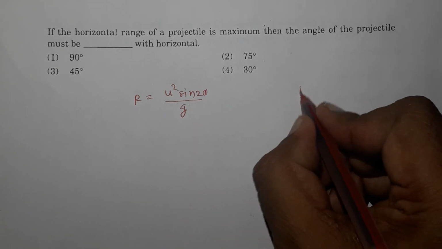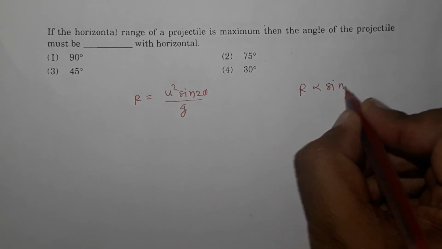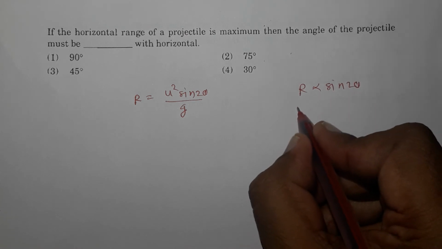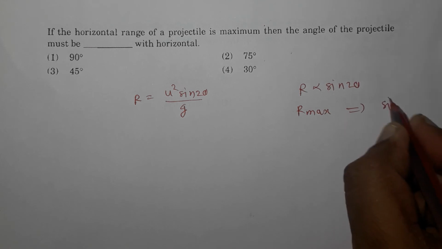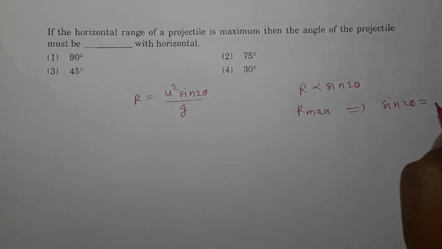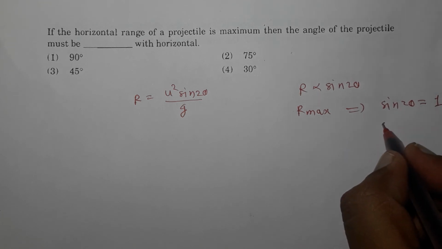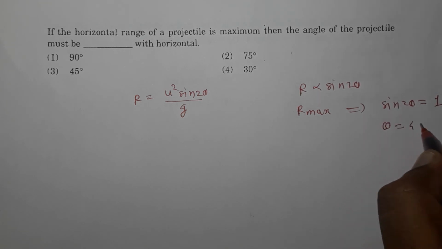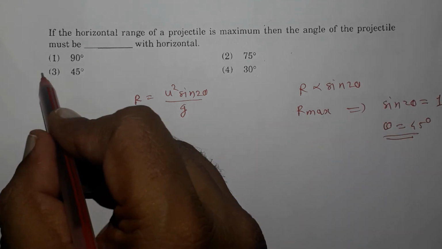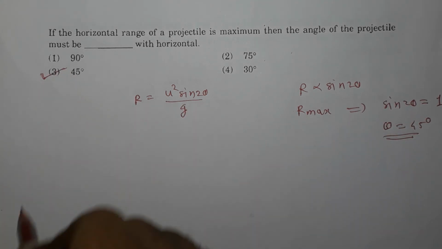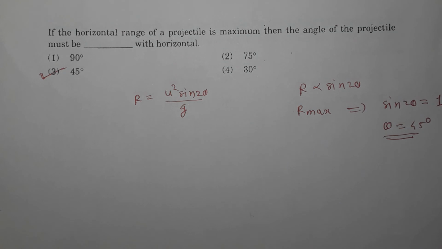Therefore R maximum will take place when sine of 2 theta is maximum, and the maximum value of sine of 2 theta is 1, which indicates that theta must be equal to 45 degrees. So when the angle of projection is 45 degrees, the horizontal range works out to be maximum. The correct option is option number 3.